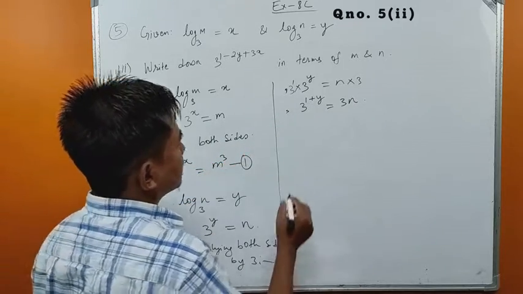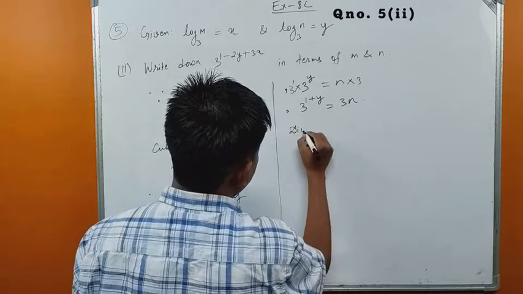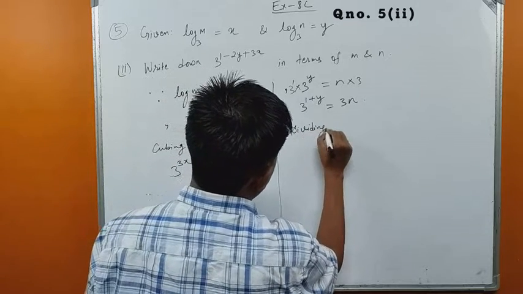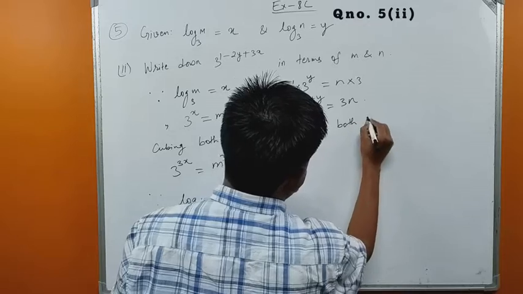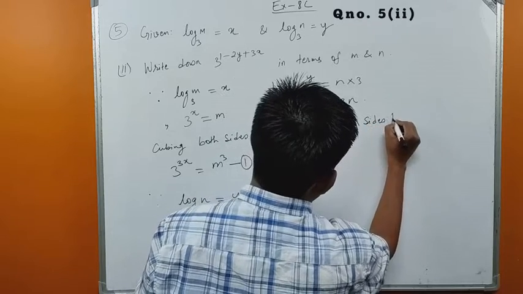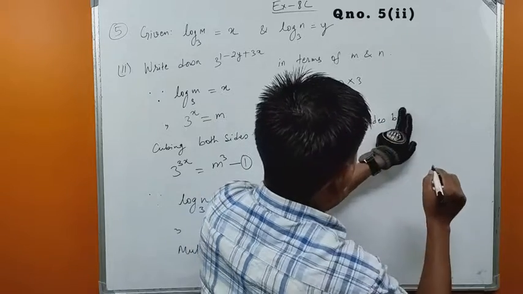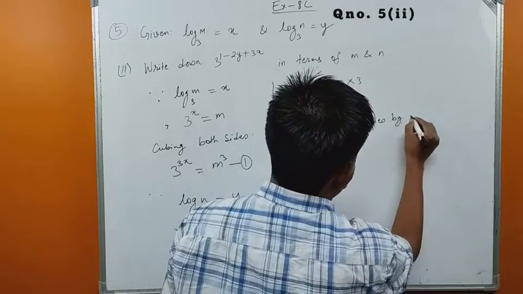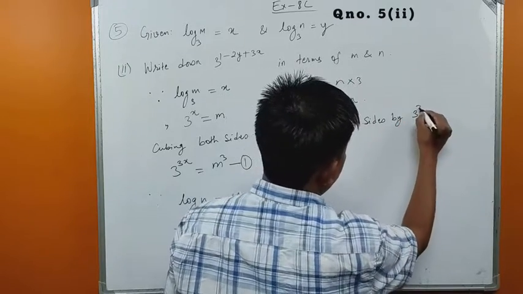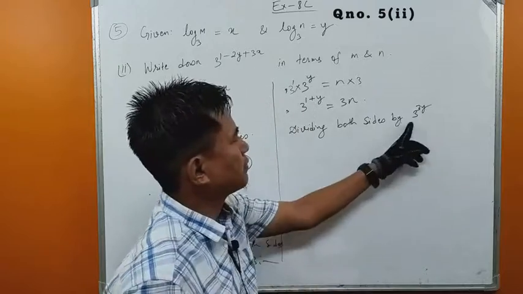So what we do is divide both sides by 3 to the power 3y.